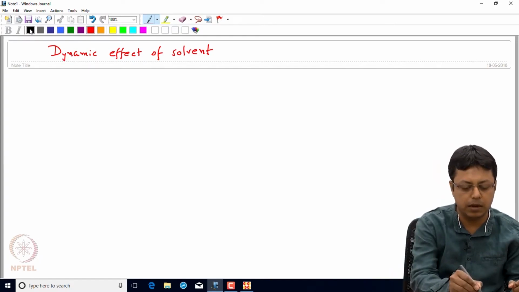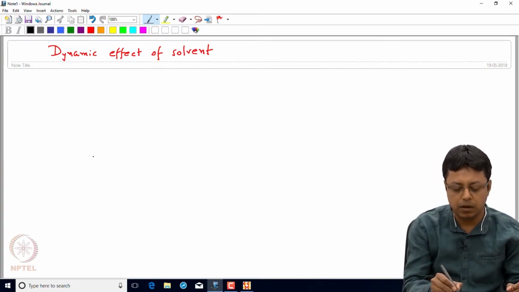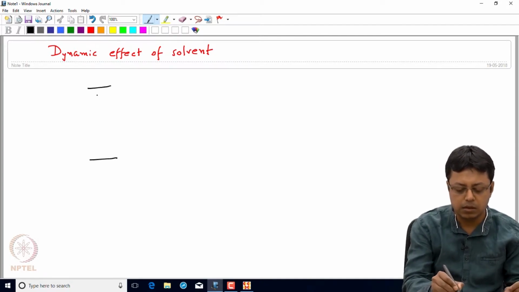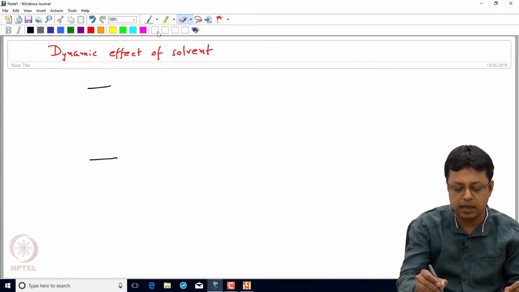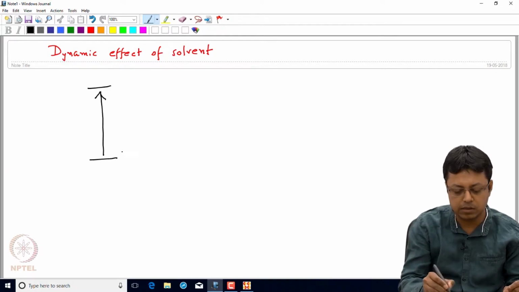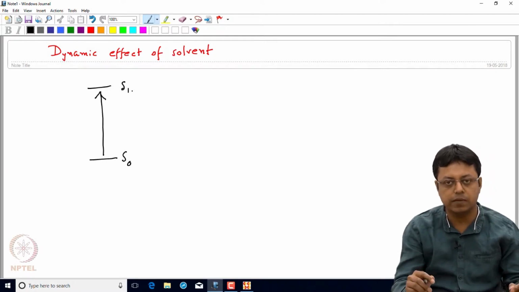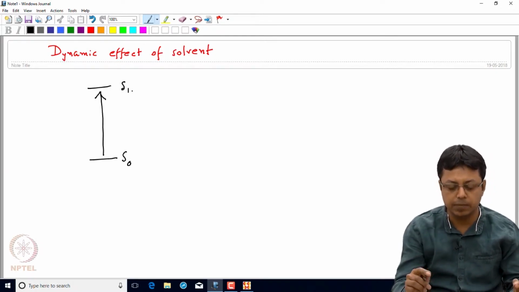What do you mean by dynamic effect? Now, suppose I dissolve a molecule in a solvent, and usually it is assumed that when we excite electronically a molecule, suppose this is the electronic excitation that I am showing. Already these notations are familiar to you, S0 and S1.